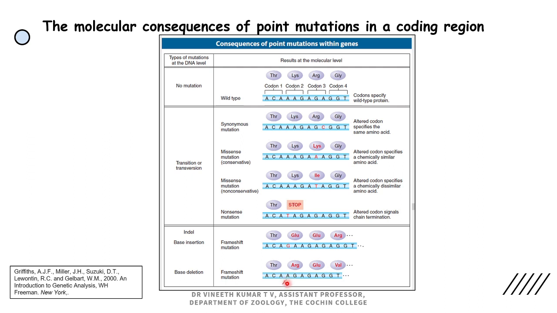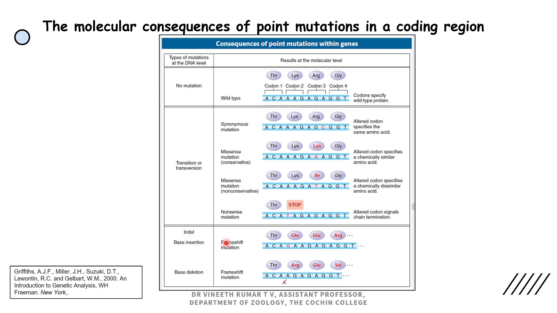When deletion occurs, the entire reading frame from the point of deletion is changed, which is why it is represented in red. The entire amino acid sequence downstream of the site of deletion or addition is changed, and that is why they are called frame shift mutations or indel mutations.